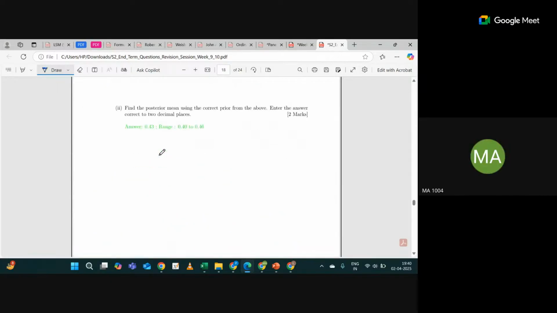That was the comprehension question. The second part is that you have to find the posterior mean by using the correct prior. We got the correct posterior as beta 6 comma 8, right? And if X follows beta alpha comma beta, you can consider any symbols.